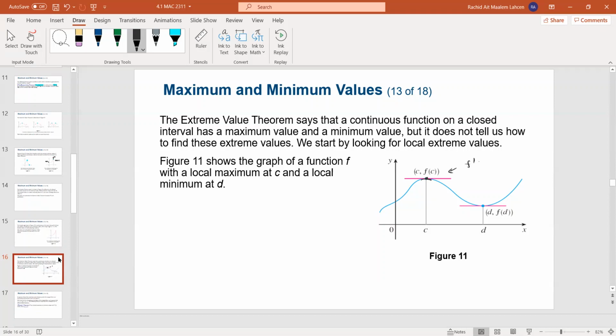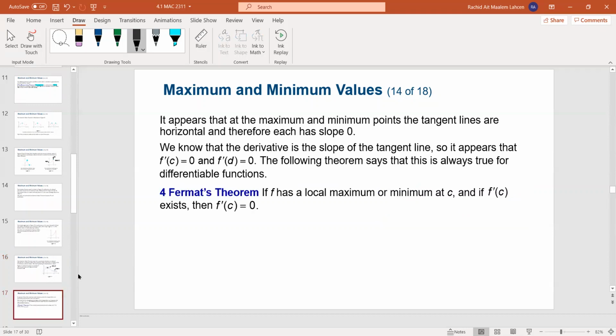So you expect f prime of c to be 0, and f prime of d to be 0. So that's one idea, and we're going to analyze a little more, right? So it appears that at the maximum and minimum points the tangent lines are horizontal, and therefore they have a slope of 0. So f prime of c and f prime of d are 0.